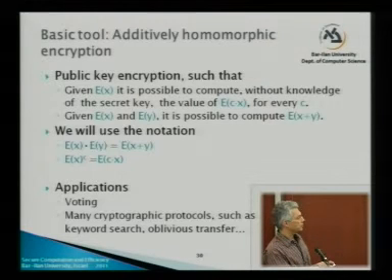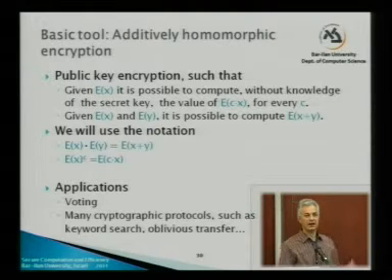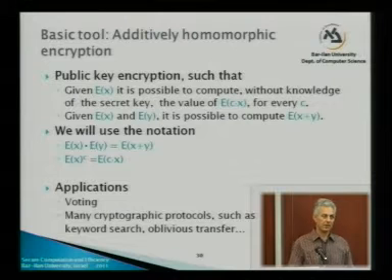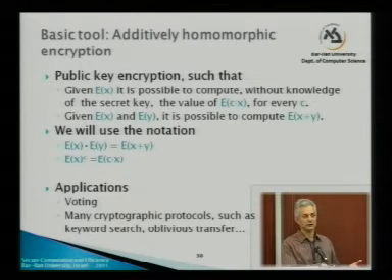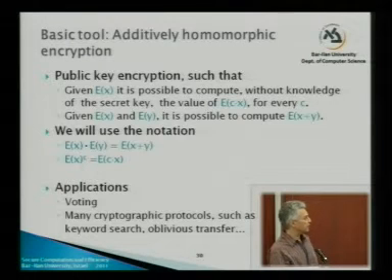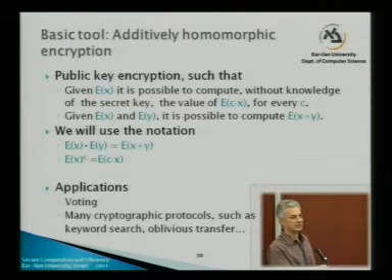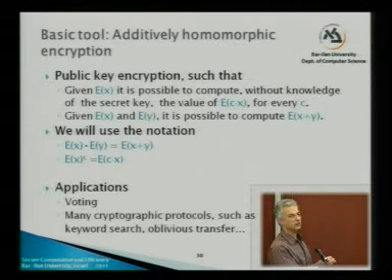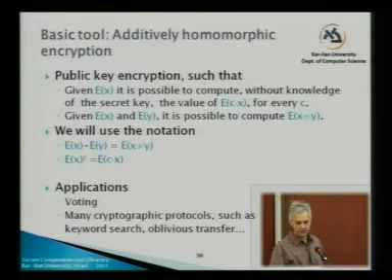To compute E of 2X, I add an encryption of X to itself. Similarly, you can compute an encryption of C times X with a number of additions which is logarithmic in C, so you can do it efficiently. The way you do it is you take E of X and raise it to the power of C. This is how we're going to write it.